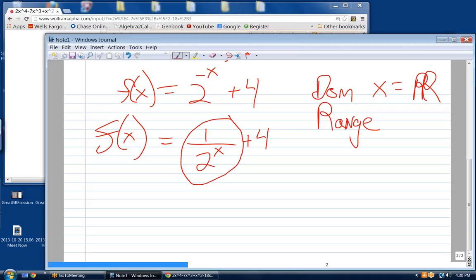Because eventually, as x goes to infinity, this thing goes to 0. That's where limits come in. You haven't had limits yet, but this thing would go to 0, is what I meant, not 1. So in other words, this thing can never be 0, so can it be negative? Can 1 over 2 to the x ever be negative?